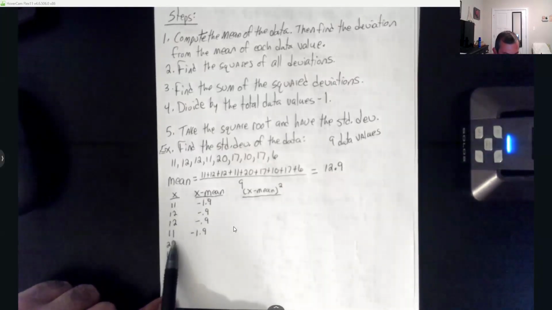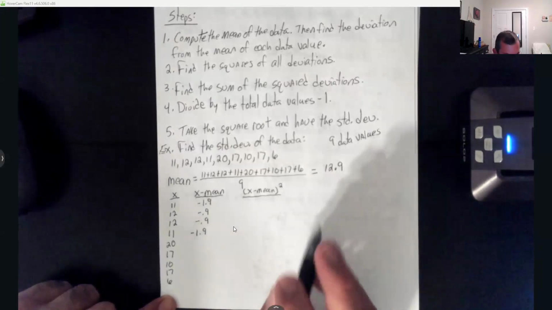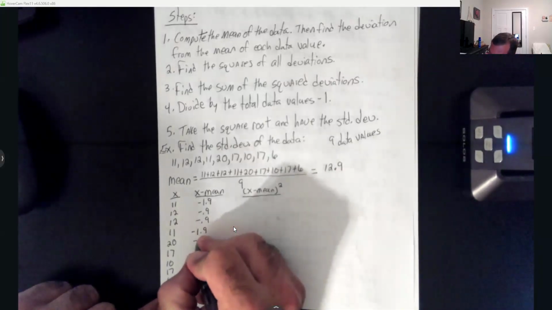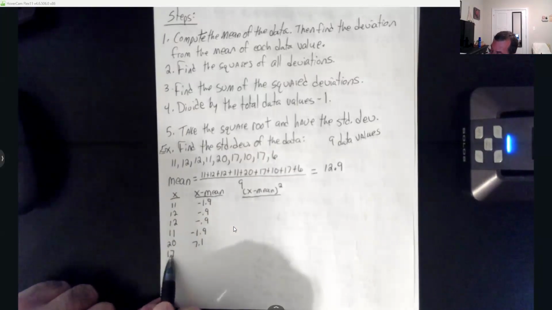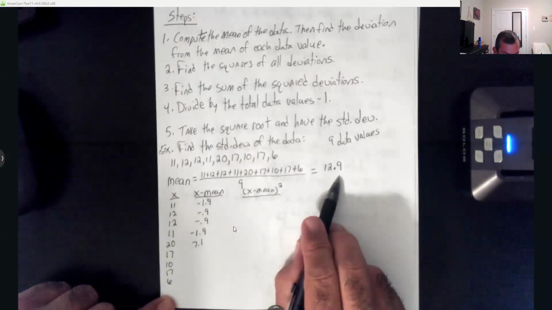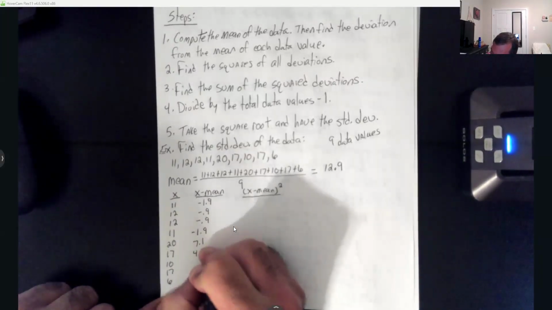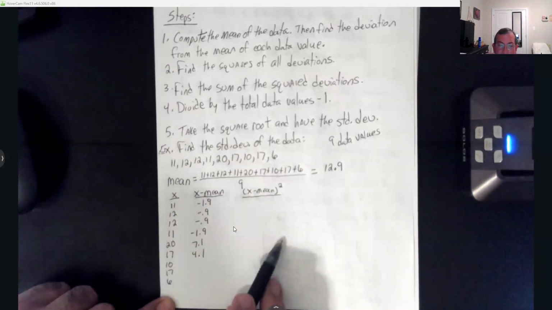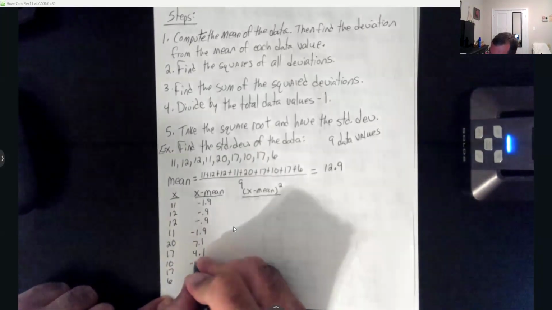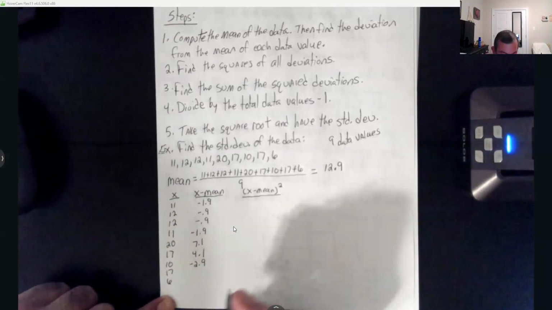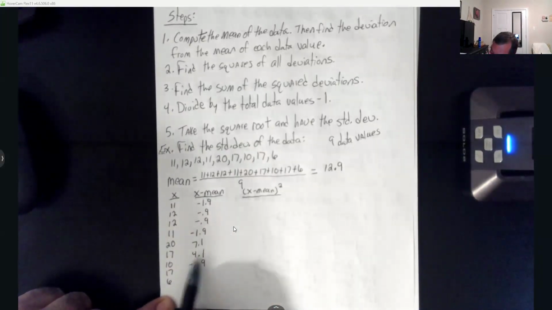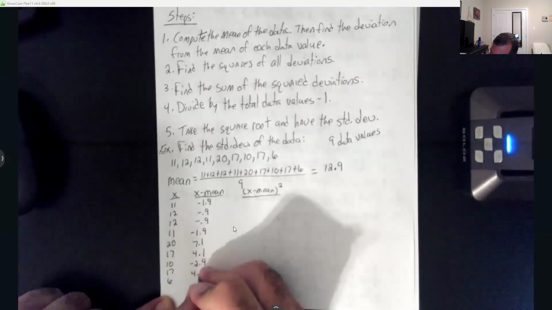Now let's start with this 20. 20 minus 12.9 left me 7.1. 17 minus 12.9 left me 4.1. 10 minus 12.9 left me a negative 2.9. 17 I did, that was 4.1.